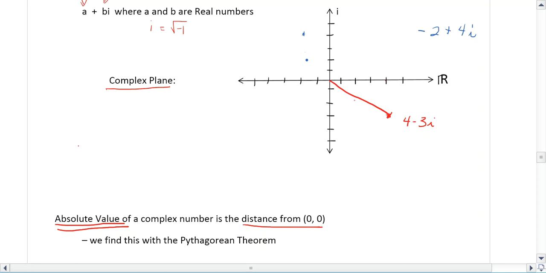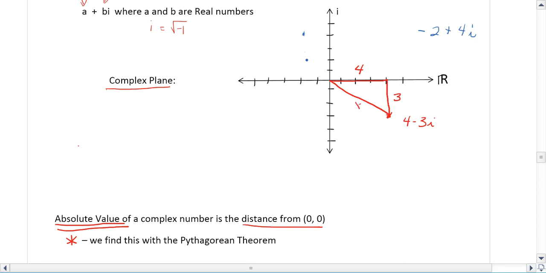And if we were asked to find this, we could do so by using the Pythagorean theorem. So if we go ahead and make a triangle with this x-axis, I'll draw on the triangle here. The length of this leg of the triangle is 4. And again, since we're talking distance, this distance is 3.